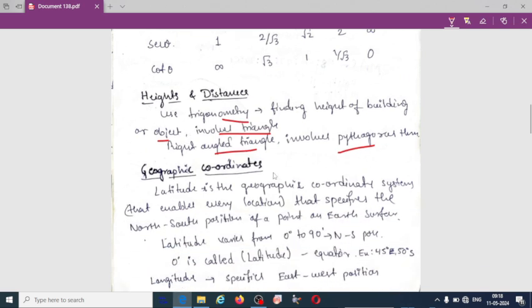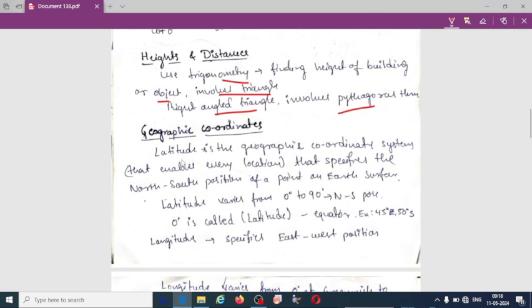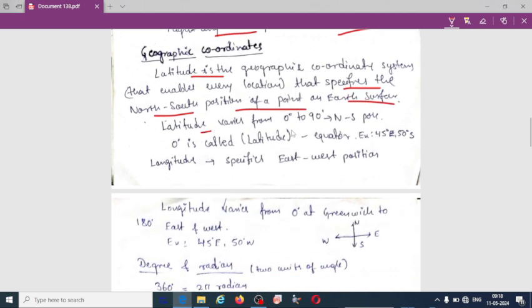So geographic coordinates. If you want to understand geographic coordinates, that is the latitude and longitudinal lines we come across on the earth surface. So longitude is the geographic coordinate system that specifies the north-south position of a point on the earth surface. Latitude varies from 0 to 90 degrees.